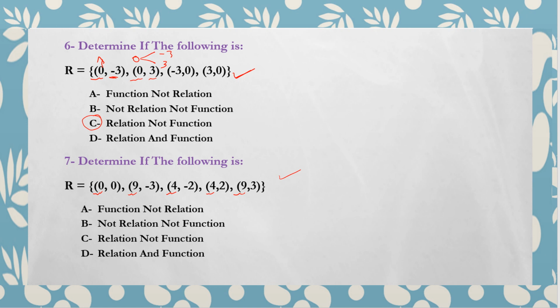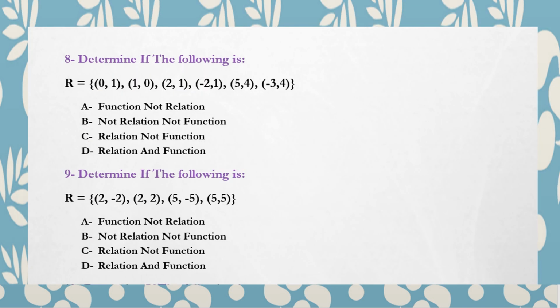And as we see here, 4 and 9 are repeated. 4 corresponds with -2 and 2, and 9 corresponds to -3 and 3. So this is not a function. This is a relation but not a function, because some elements in the domain correspond to more than one element in the range. So the correct answer would be C, relation not function.